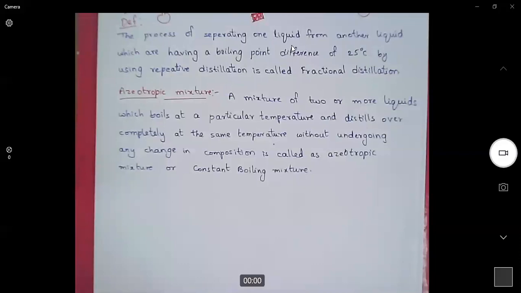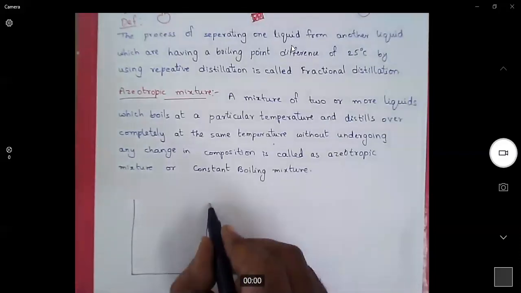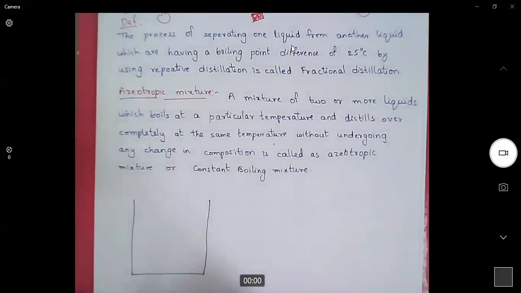For example, when we have two different components in a solution, whether they are miscible or immiscible, it doesn't matter.